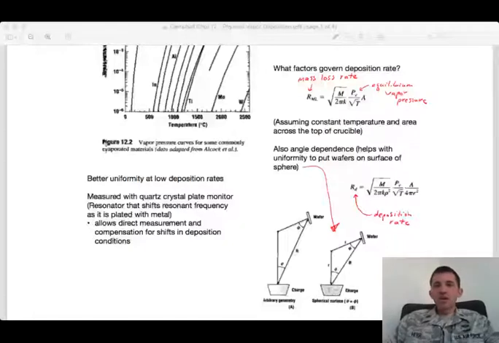But if I just had an arbitrary geometry, I would also include an angle term in there as well, right? Because if I were far away and I had the wafer turned to a relatively extreme angle, then the projected area that is facing my charge is relatively small.